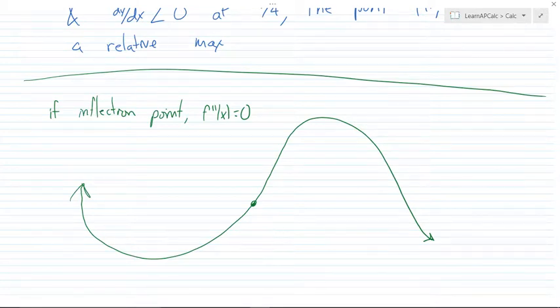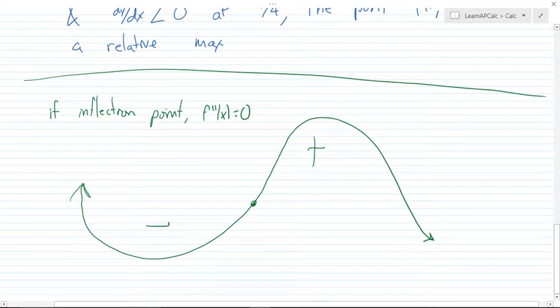And to understand that, we have to look at what the second derivative test is. It's concavity. One way to look at it would be to say that if we go from negative concavity to positive concavity, at some point we have to hit 0.